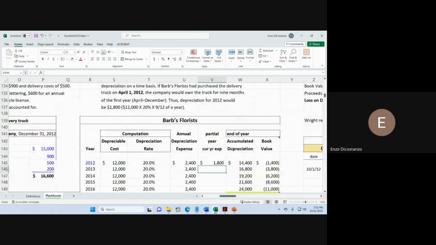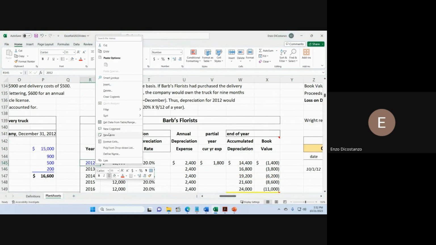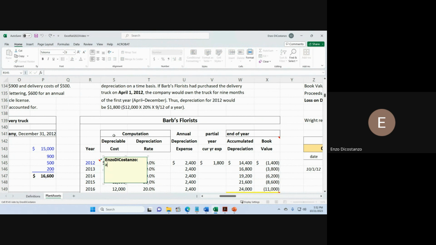Because what's happening here, this was acquired April 1st, 3 months into year with 9 months remaining.